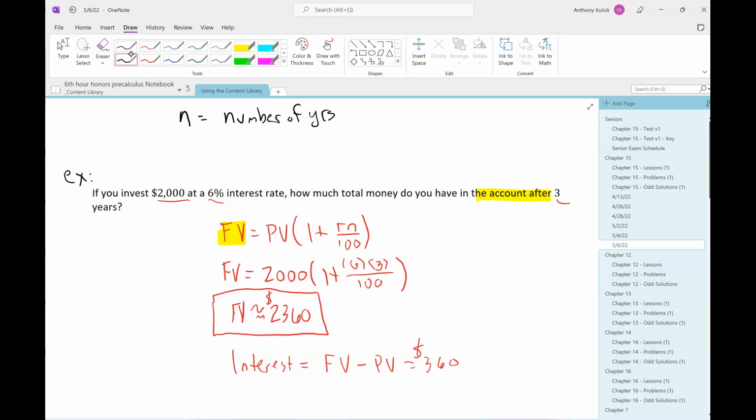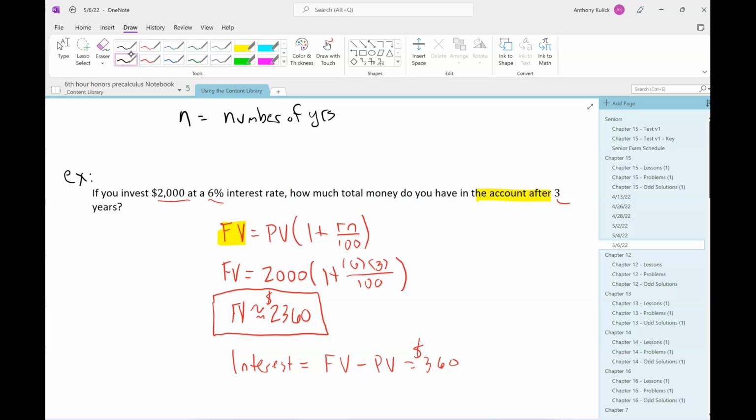Now, in general, do financial institutions use simple interest? Nah. Why? Because it's kind of a bad deal for all parties involved, right? Because after the first year, you have more than $2,000 in your account. You've earned $120 in interest, you have $2,120.